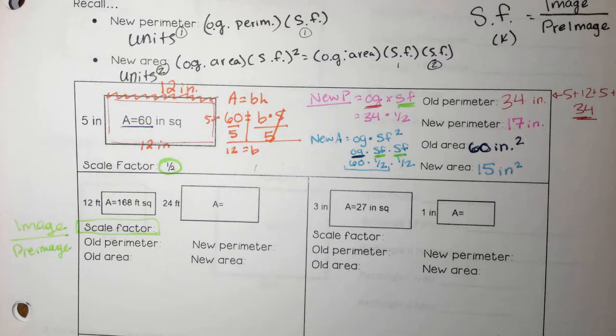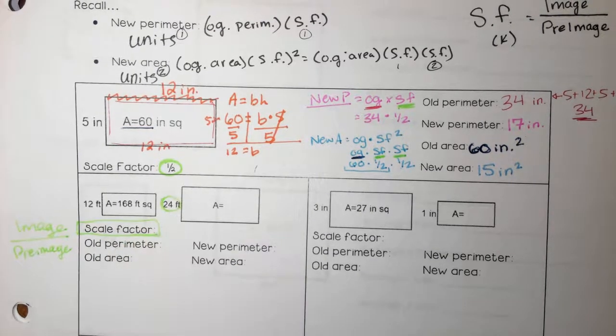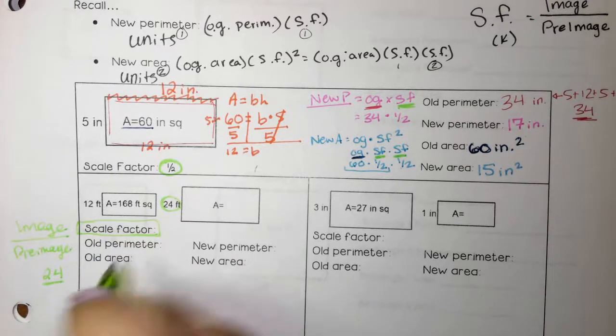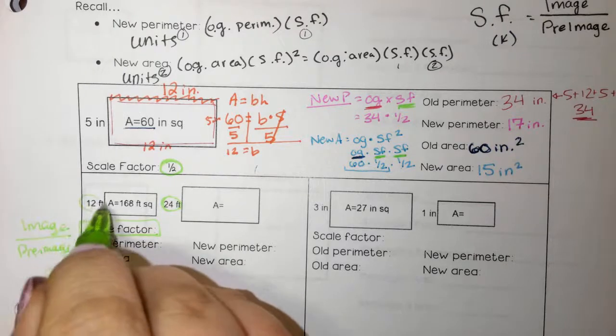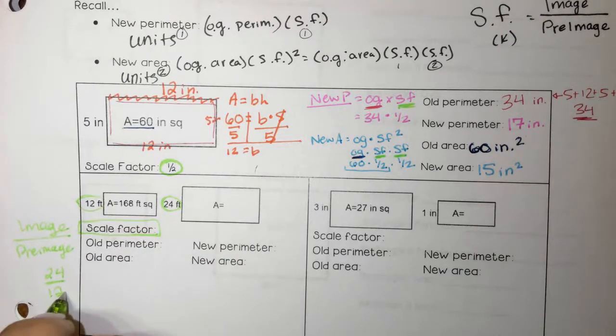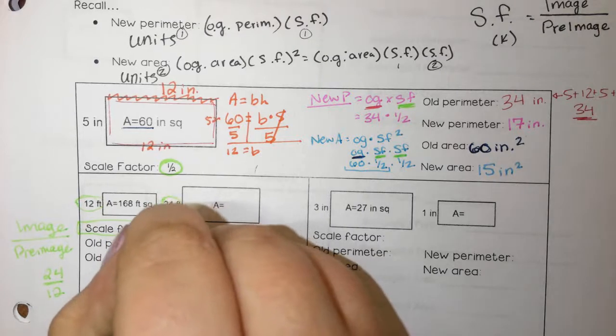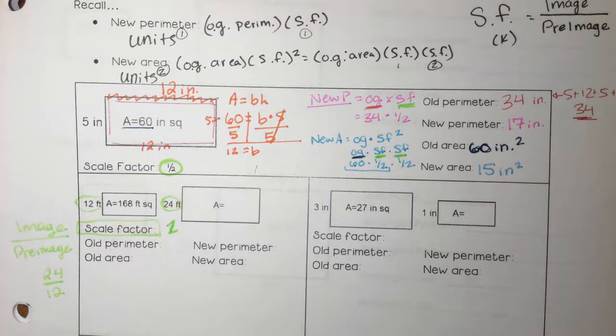I'm just going to assume the new one is on the right. So something new is 24, so this will be 24 over something original. Its corresponding side is 12. So this is 24 over 12, which is 2. So the scale factor is 2.